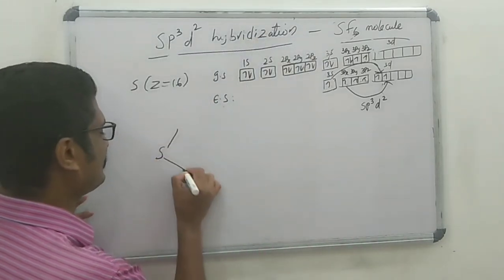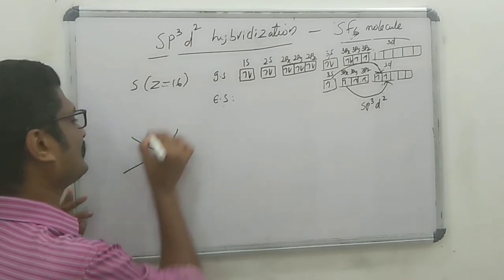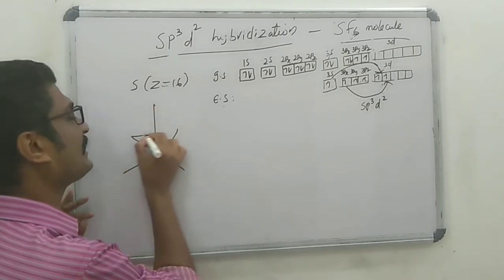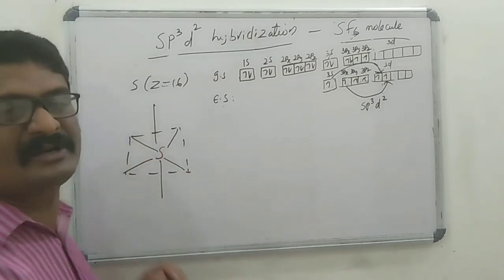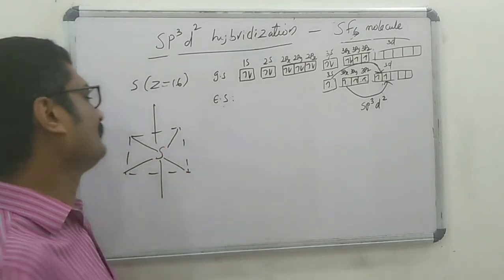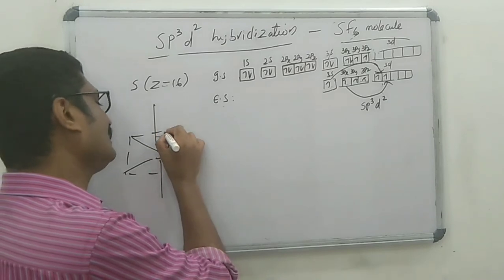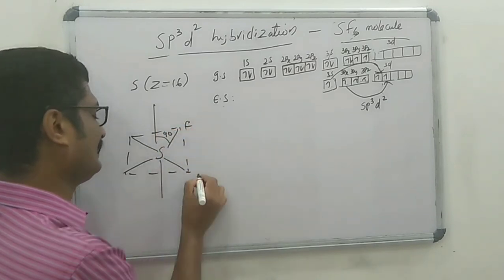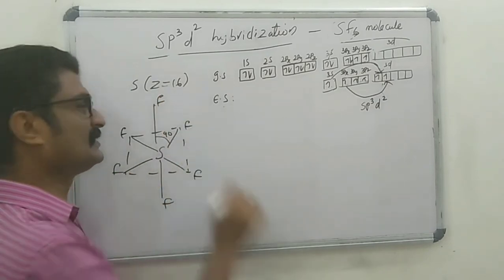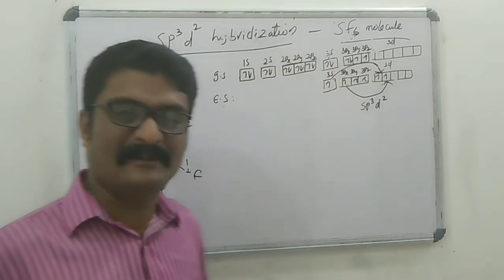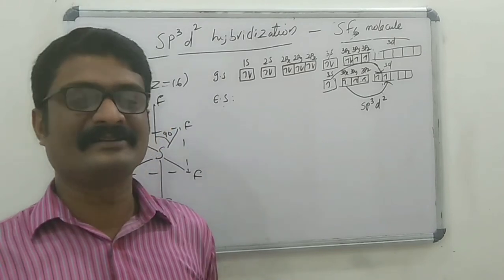Yes, these 6 S-F sigma bonds are directed towards the 6 corners of an octahedron with an angle of 90 degrees. Hence, SF6 adopts octahedral shape with the bond angle 90 degrees.